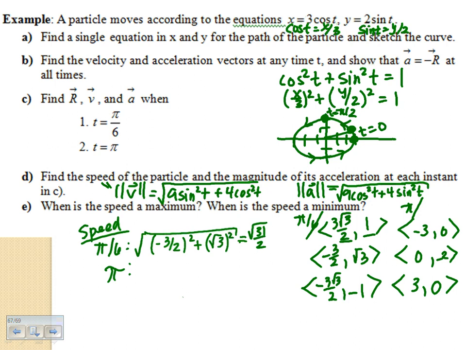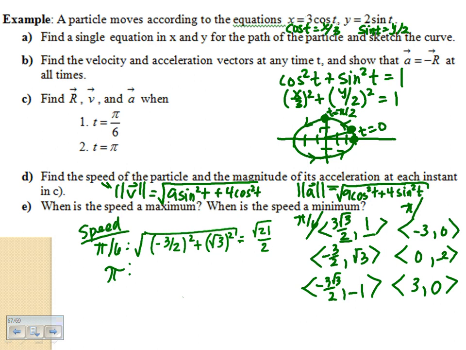Fair enough. No, that's for acceleration, sorry. I was looking at the acceleration one. All right, there you go. That's why you just don't write what I write. Lesson learned.